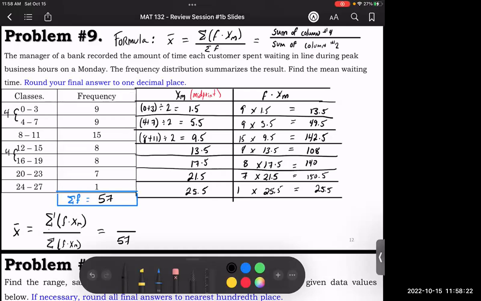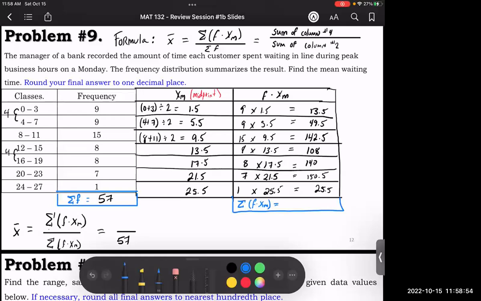What goes on the top is now the sum of column 4. So you take f times xm, and you add up all these values. So you do 13.5 plus 49.5, all the way down to the 25.5. 629.